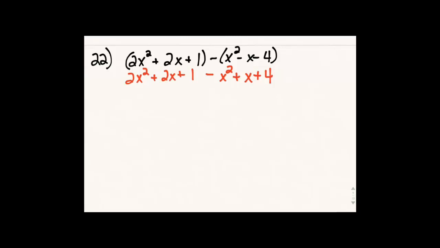So we have 2x squared and -x squared, and that gives us positive x squared. And then we have plus 2x and plus x, which gives us plus 3x. And then we have plus 1 and plus 4, which gives us plus 5.